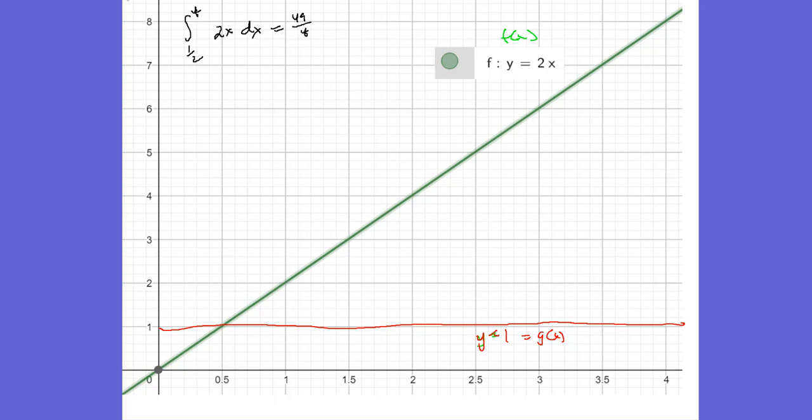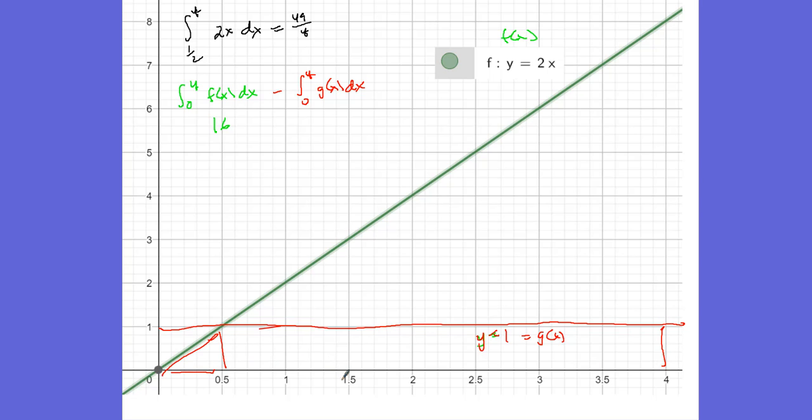Now let's think about this in a different fashion. Let's take a look at the area underneath all of this from 0 to 4 of my f of x dx, and I'm going to take away my area from 0 to 4 of my g of x dx. So what I did was take the area of this green guy, which was 16, if you remember, and now I have the area of this red guy right here.